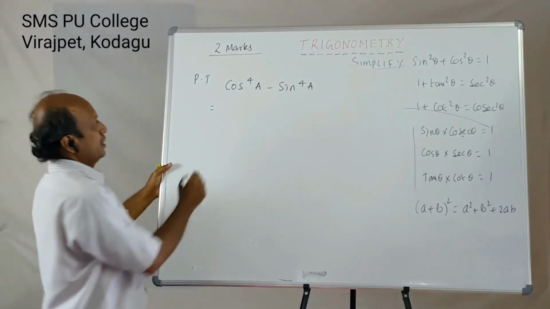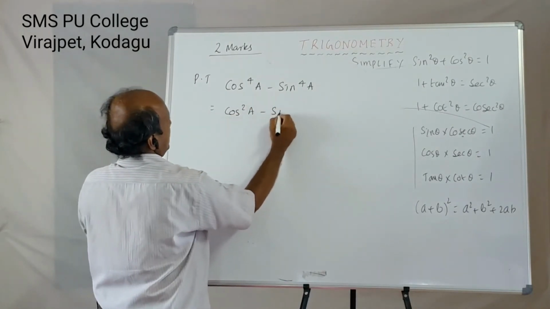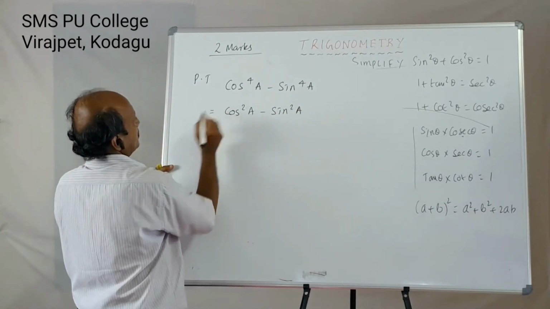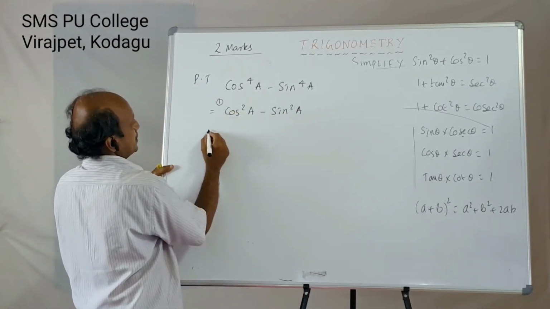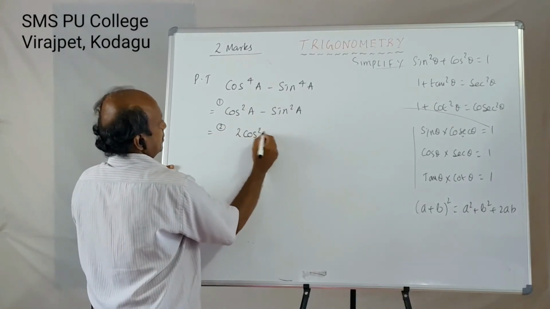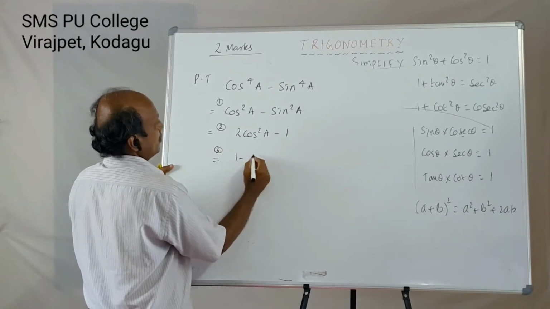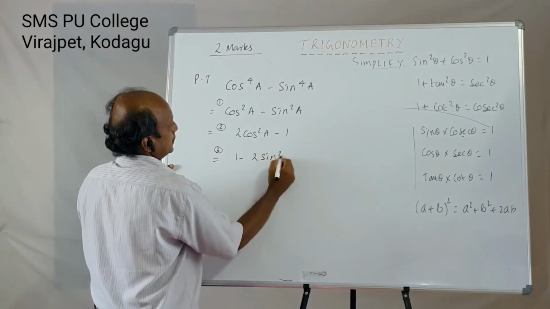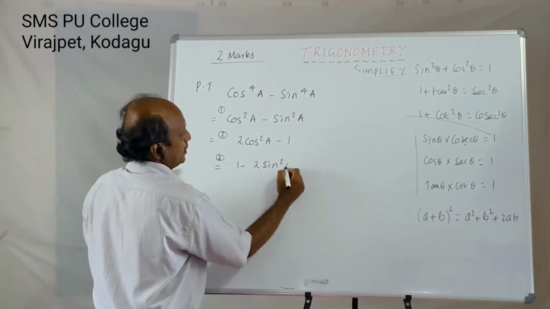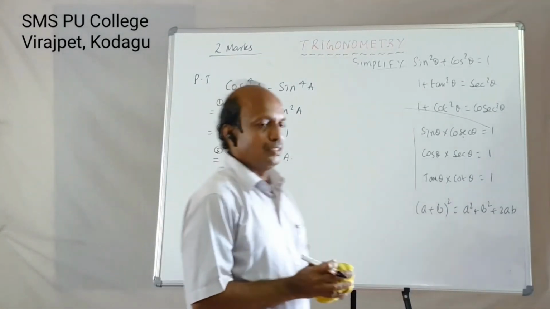First, cos square a minus sin square a; or you can prove it as 2 cos square a minus 1; or the third one, 1 minus 2 sin square a. In all these places we have got a. There are three different ways you can solve this problem.